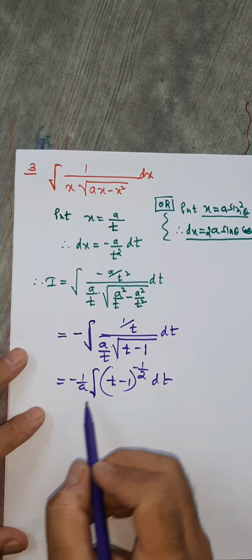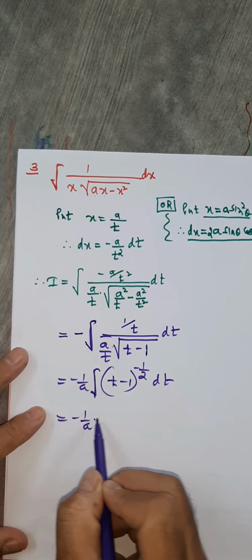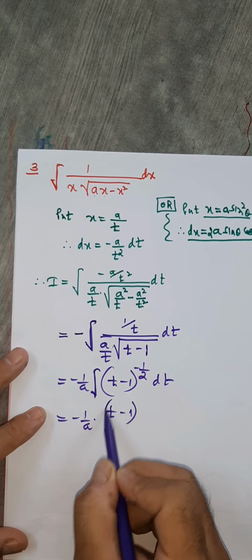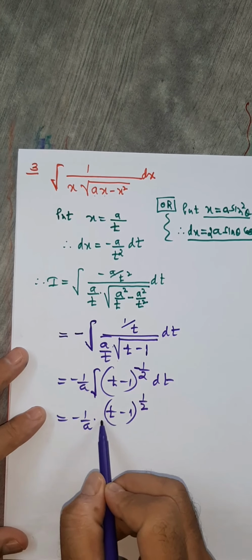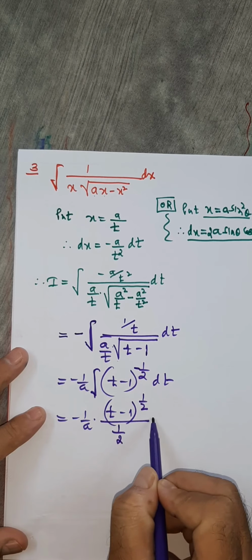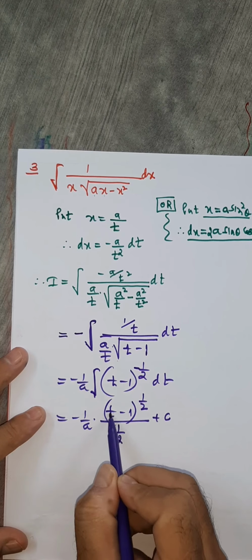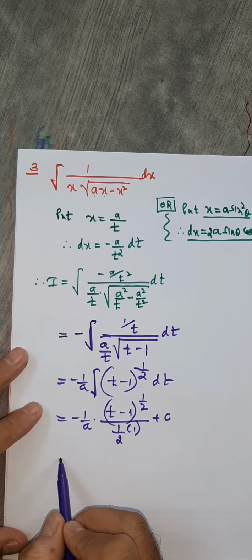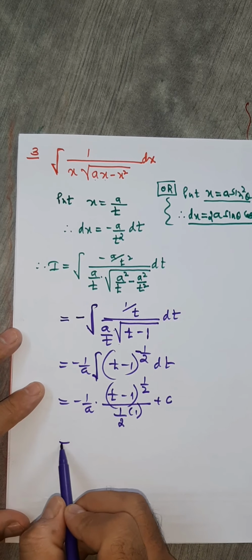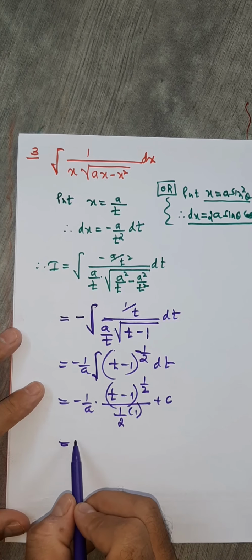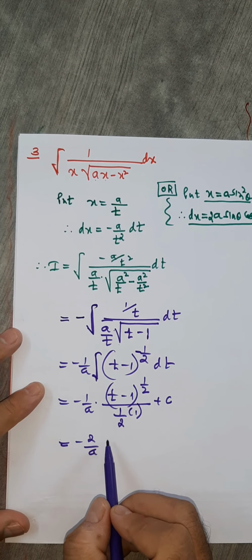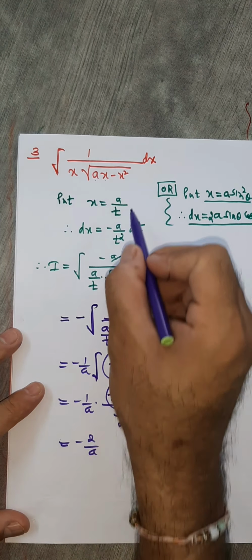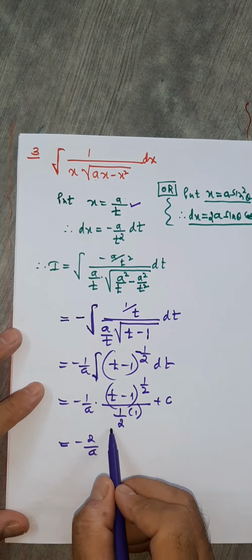Now this is just a linear expression, so you can imagine that as x. So t minus 1 raised to minus 1 by 2 plus 1, that is just 1 by 2, upon 1 by 2, plus c, upon the coefficient of t, which is just 1. So now this is minus 2 by a. What is t? Go back to the substitution, it is a by x.